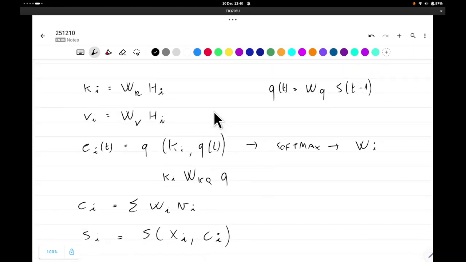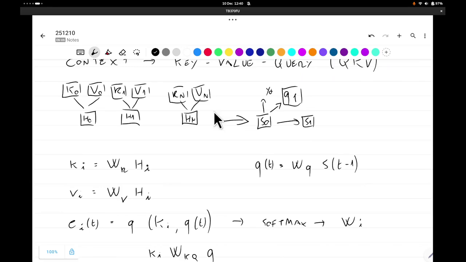So we have, at some point in the decoding, a projection of the state of the decoder that is basically here looking for something similar in the encoding, right?